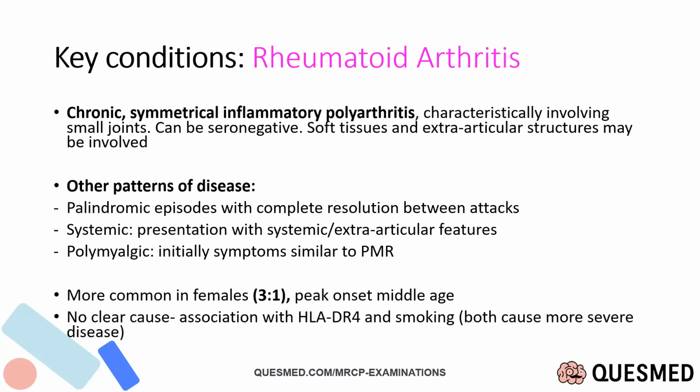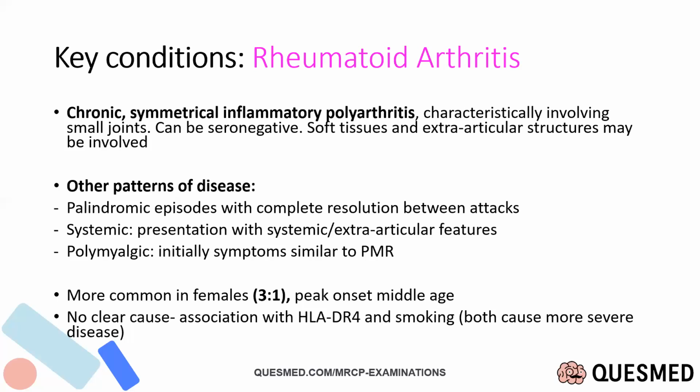So moving on to our key conditions, and I'm just going to really highlight the most important bits from each, and we'll go through quite a few. So rheumatoid arthritis, your pinnacle thing to remember is that it's a chronic symmetrical inflammatory polyarthritis, and it characteristically involves the small joints. It can be seronegative, so it may be anti-CCP and rheumatoid factor negative, just to remember. You can get soft tissue and extra-articular features as well.